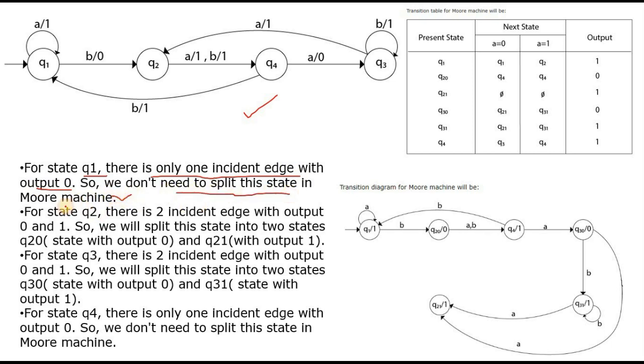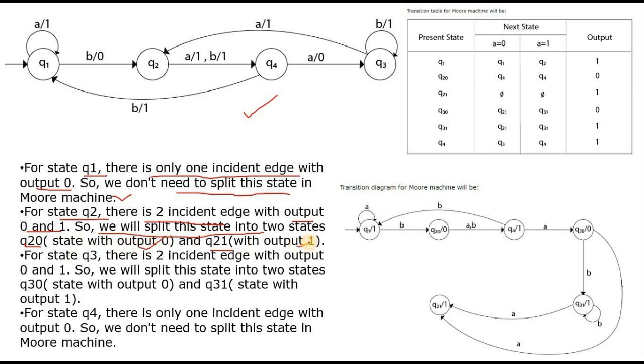For state Q2, there are two incident edges with outputs 0 and 1, so we will split this state into two states, Q2 0 and Q2 1, that is with output 0 and with output 1.